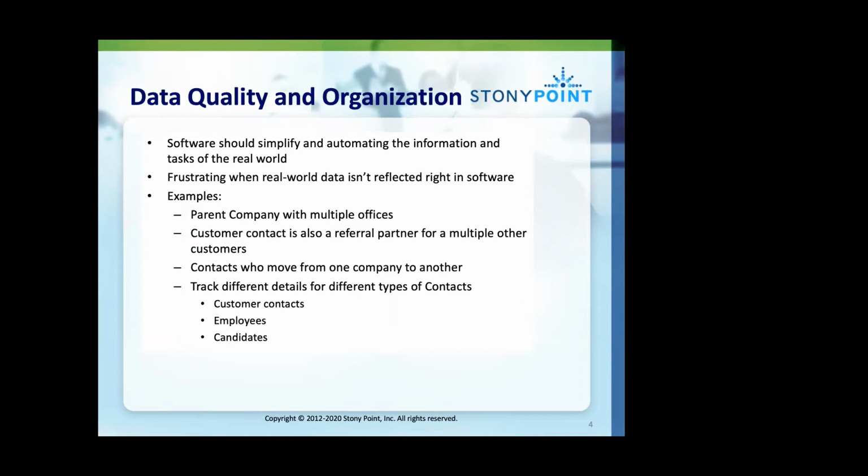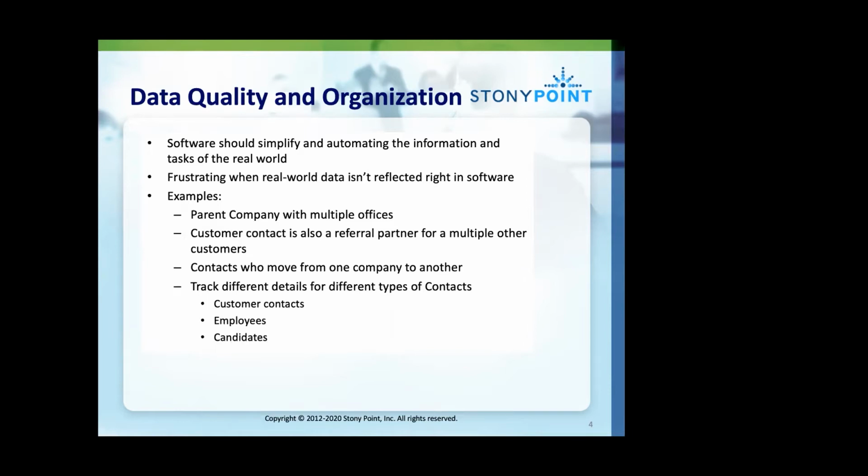And then there are some situations where you've got different types of details for different types of contacts. In our world, we're hiring candidates, and we've also got employees, of course, and then there are our customers. And there's different stuff you want to track with each one of those. With candidates, we track things like, is this somebody who's willing to relocate?